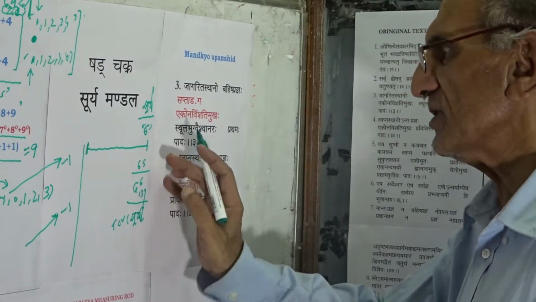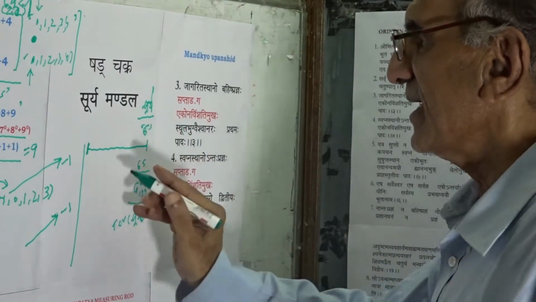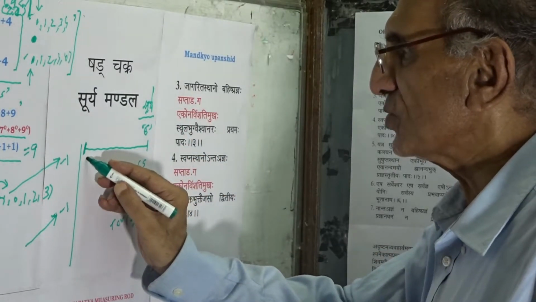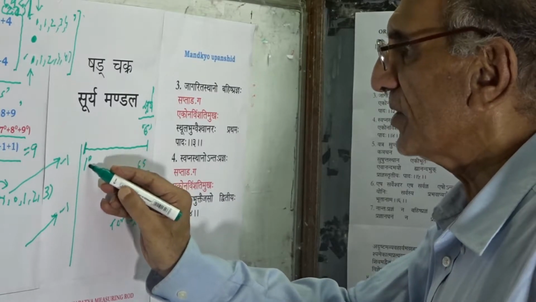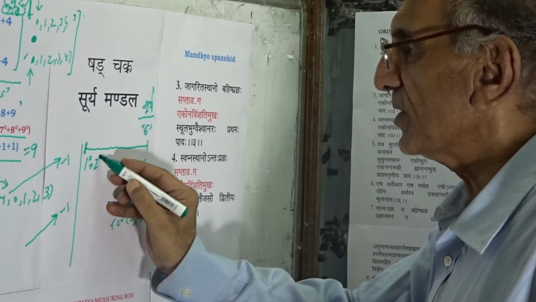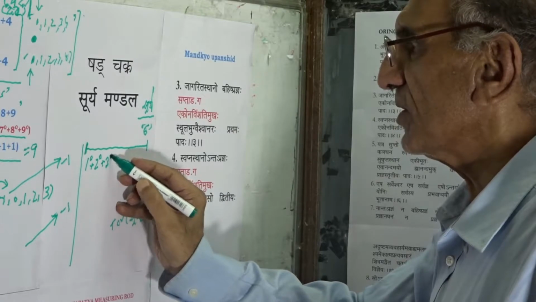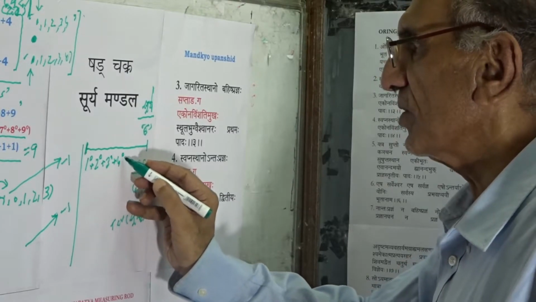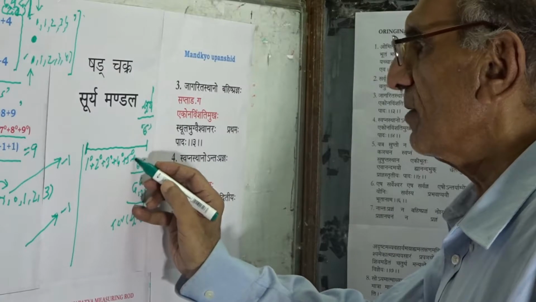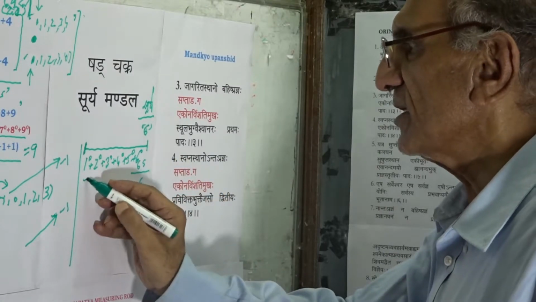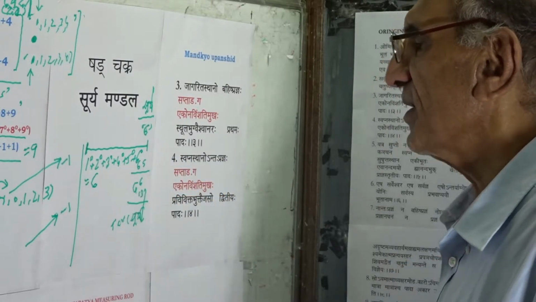Now this value 6 is taking us to 1 raised to 0 plus 2 raised to 0 plus 3 raised to 0, 4 raised to 0, 5 raised to 0 plus 6 raised to 0. This is equal to value 6.